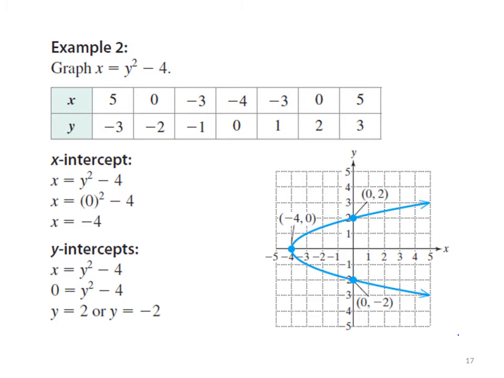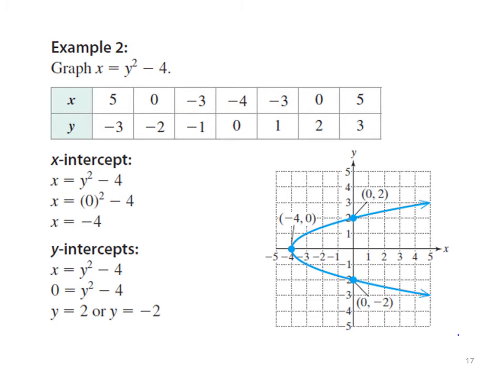Let's look at some negative numbers. For example, if you substitute y equal minus 2 in the equation, minus 2 squared is just 4. 4 minus 4 is 0, so x is equal to 0. You can do that for each value of y that you selected. Just substitute it in the equation, and that should give you the value for x.